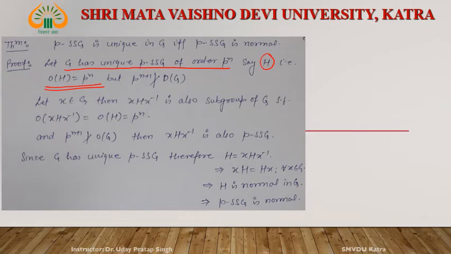Since it is a p-Sylow subgroup, we know that it exists in a group G if p to the power n divides the order of G, but p to the power n plus 1 does not divide the order of G. Then the order of H is p to the power n, and p to the power n plus 1 does not divide the order of G since it is a p-Sylow subgroup. That's why this condition holds.